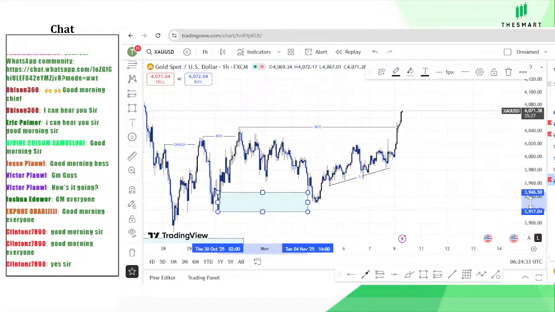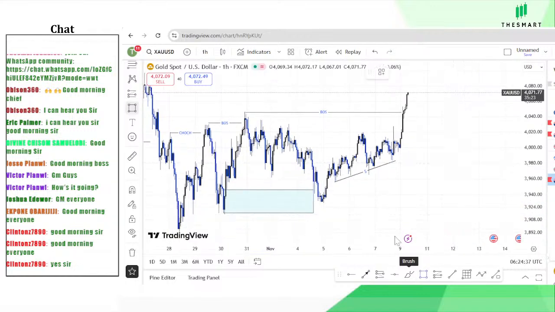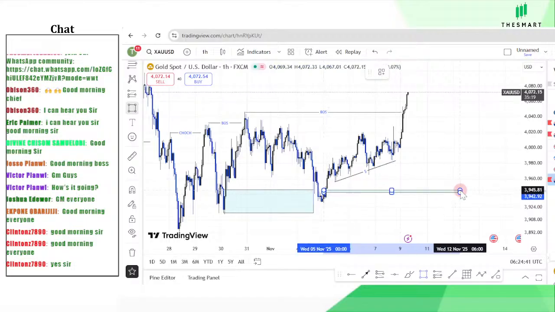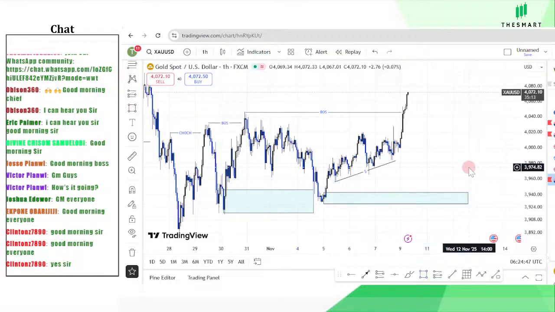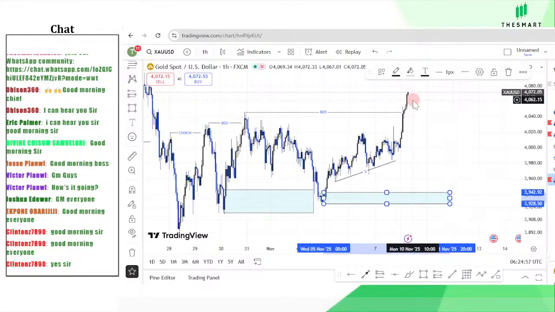All right, so let's look at this now. From our rule, we have this level. This is what I want to see. I actually want to see price clear this level and drop to the downside, but I don't think gold will actually come back to this level.